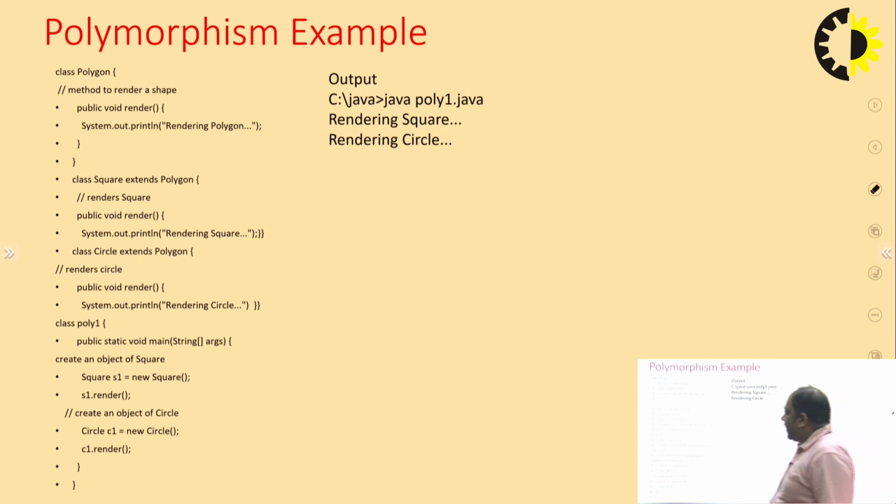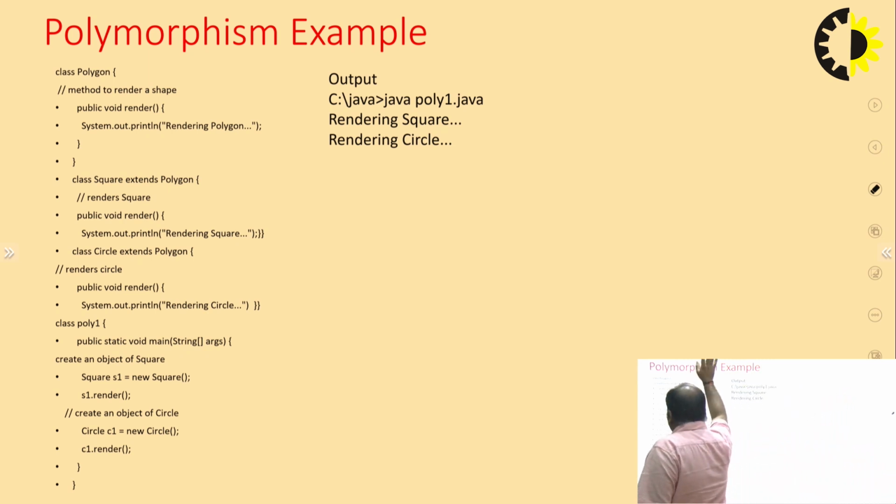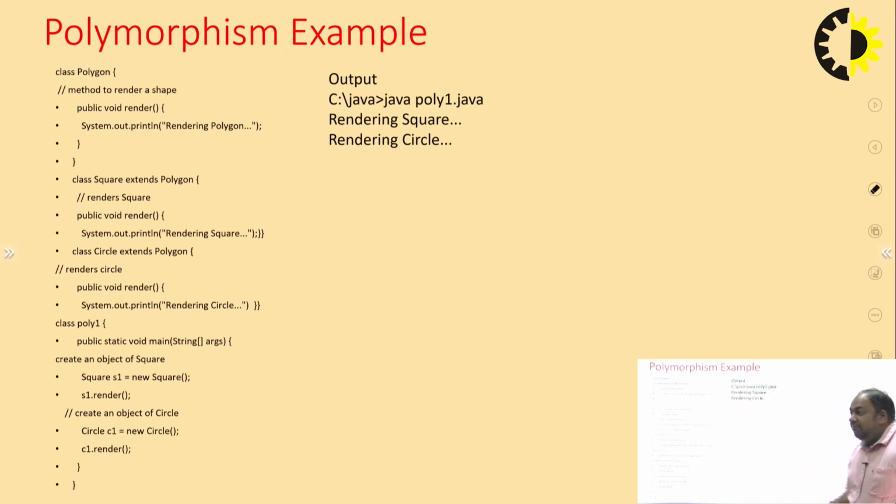What we will see is that the methods which we have used have the same name, render, render and render, but it will render a different shape every time. When it is used under the square class, it renders square, and when it is used under the circle class, it renders circle.